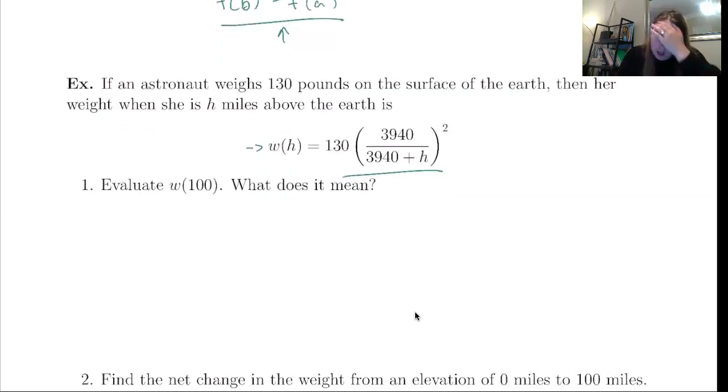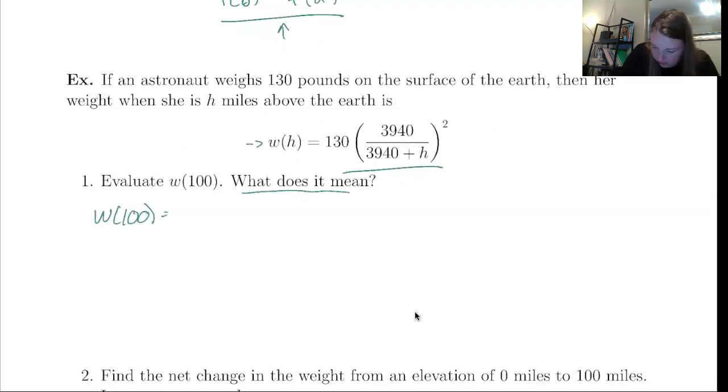Anyways, if we evaluate W of 100 and we're asked what that means, now that we're given some context, weight and h miles above Earth, we can put more explanation into answering that question, rather than just saying this is the output when blah, blah, blah. So first let's evaluate W of 100.